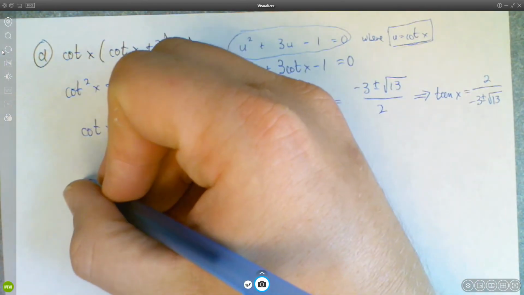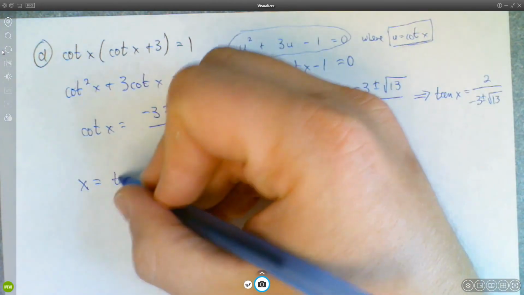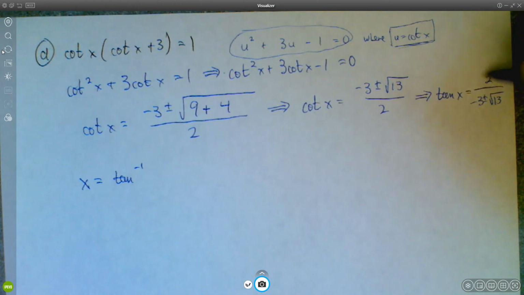We can say, all right, so x equals tangent inverse, and I'm actually going to split this up. This is two separate numbers. It's 2 over -3 plus root 13, and then it's 2 over -3 minus root 13.